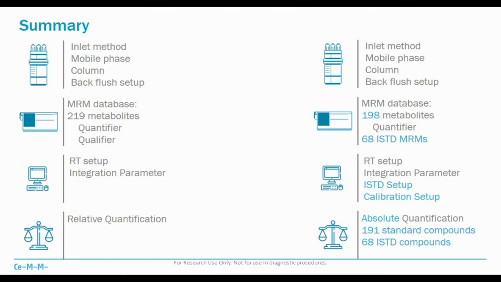We also optimized the internal standard setup so that we selected the internal standard that provides the most optimal performance for the given analyte. And we worked a lot to implement an appropriate calibration setup for every single metabolite. With all this work, what resulted is that now, instead of relative quantification, we can get absolute quantification for 191 compounds.